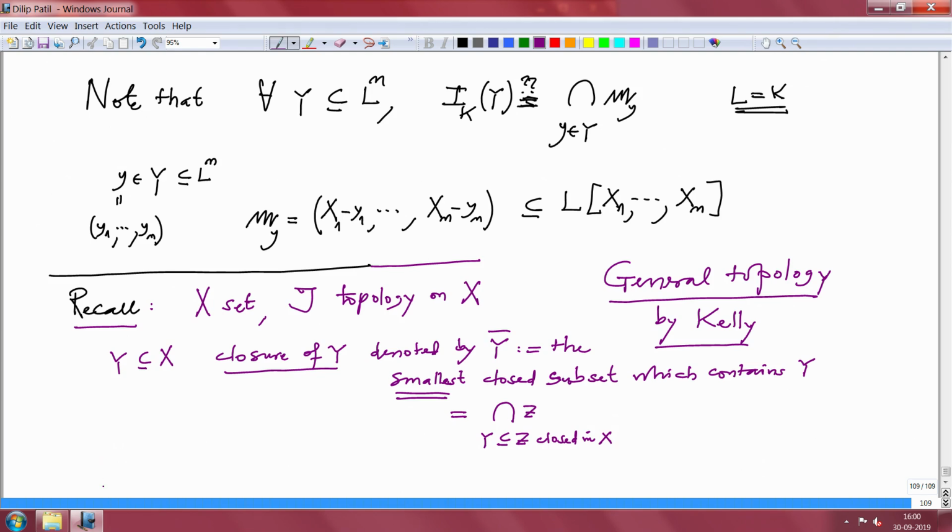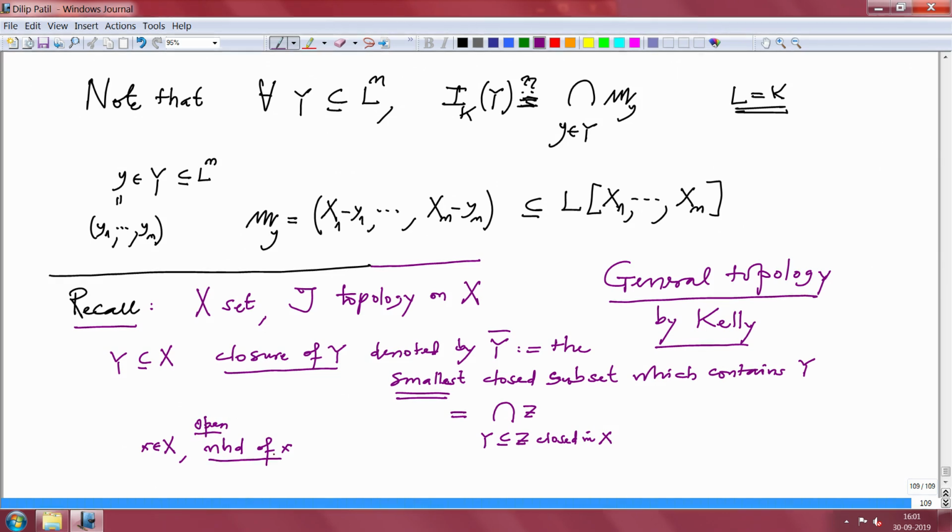Given an element x in X, let me use the word open neighborhood of x.